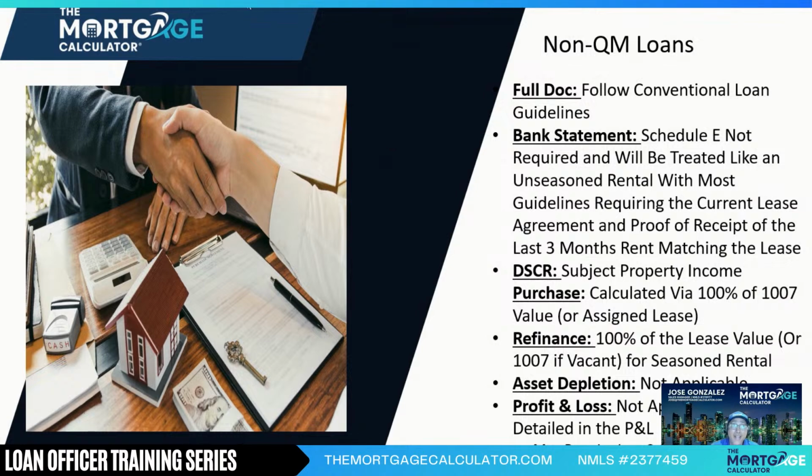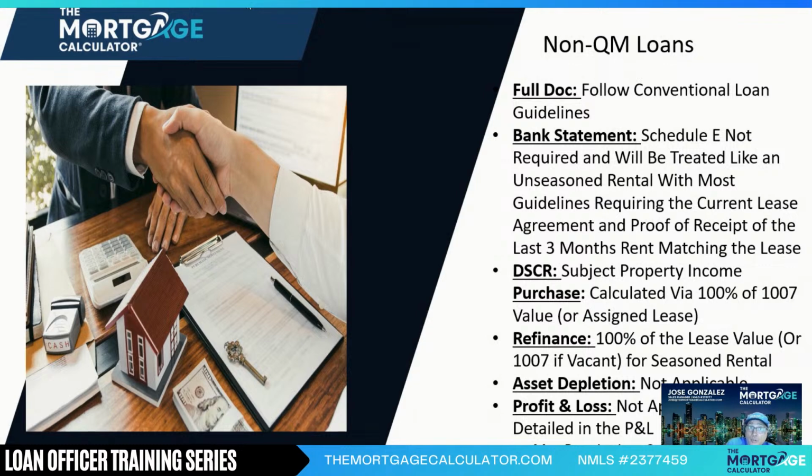So if it's a full doc non-QM loan, and I'm talking about full doc using traditional methods, tax returns, pay stubs, W-2s, all that good stuff, then you follow the conventional loan guidelines that I just highlighted in the previous slide.